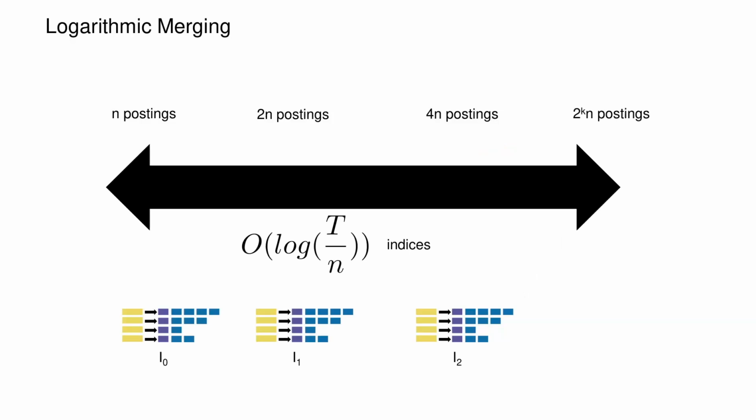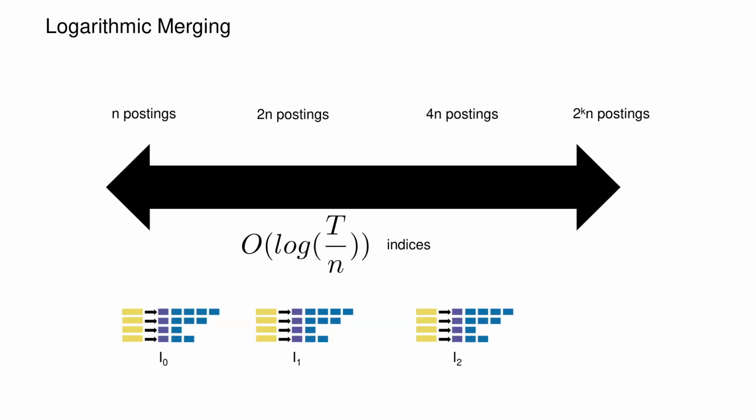All right, so that's really nice because now it's an improvement over what we've had before. Because now, if I want to know how many indices I'm going to have at most for a certain length, let's say I have T postings in total and the standard size is N, I'm going to have now log of T over N indices.